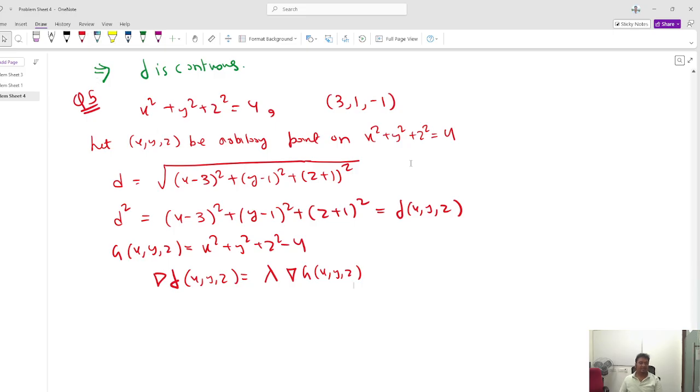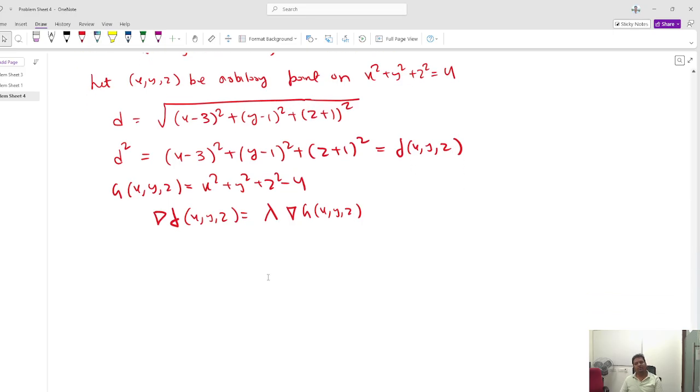That is what Lagrange's theorem says. If (x, y, z) is the point of minimum or maximum, then it has to satisfy this equation. So we will consider this and solve it for the values of x, y, z, and at all those points, whatever we get, we will evaluate the situation and see what's happening.